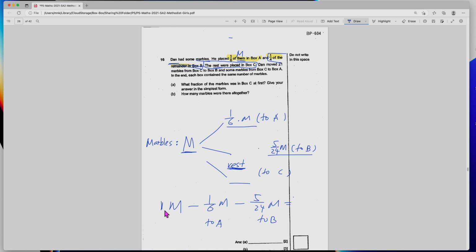Okay? So therefore you use your calculator, you should key in, how do you get the answer here for the rest?